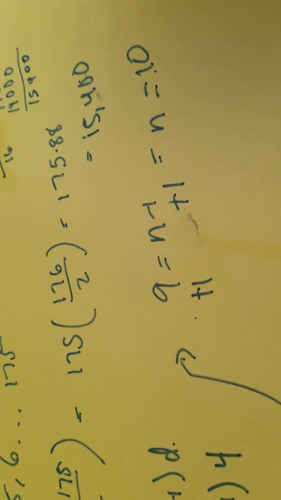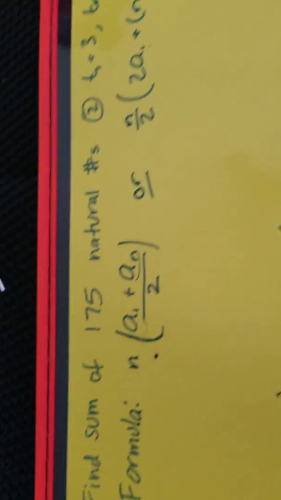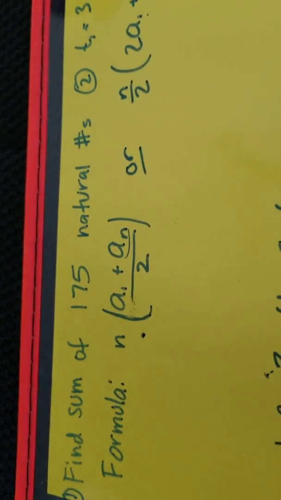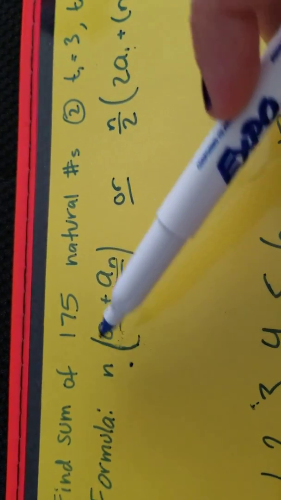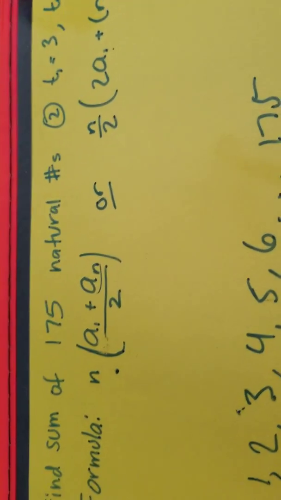Okay, now I have everything that I need. So, going back up here, I know what the nth term is. I know I'm looking for 10 terms. I know the first term, and obviously I just need to divide by 2. I'm going to use that one. So we have n, which again is 10.